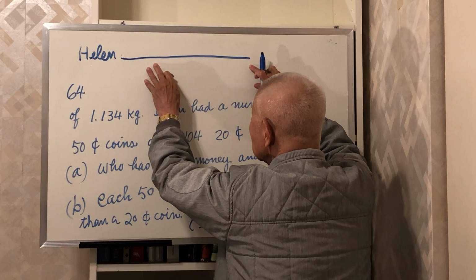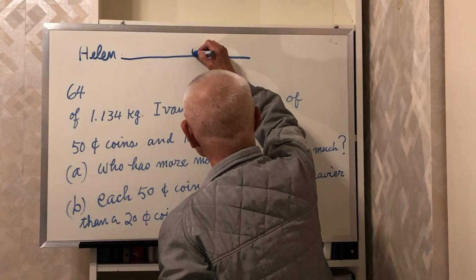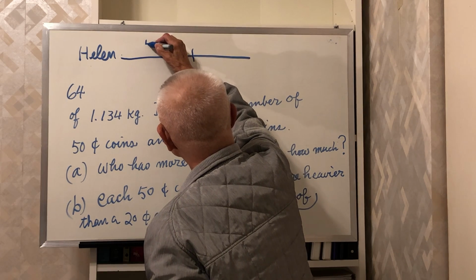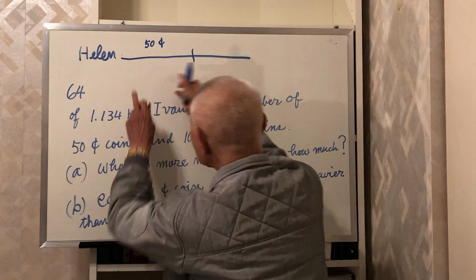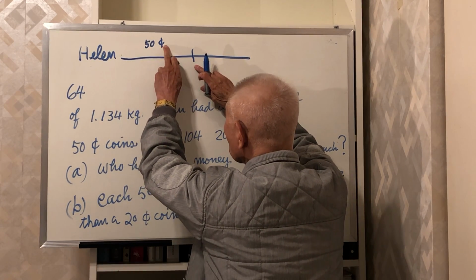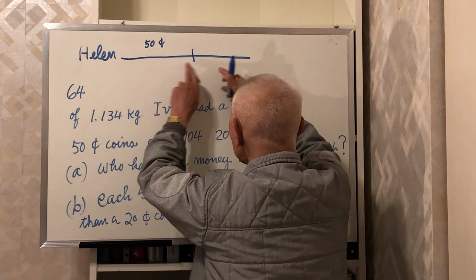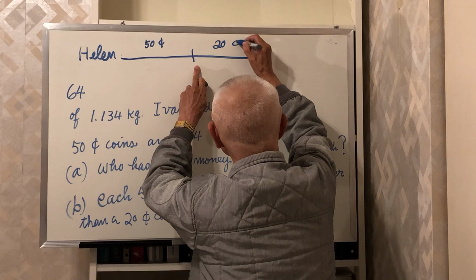So a part of this is 50-cent coins. This length represents how many 50-cent coins Helen had. And this is 20-cent coins.